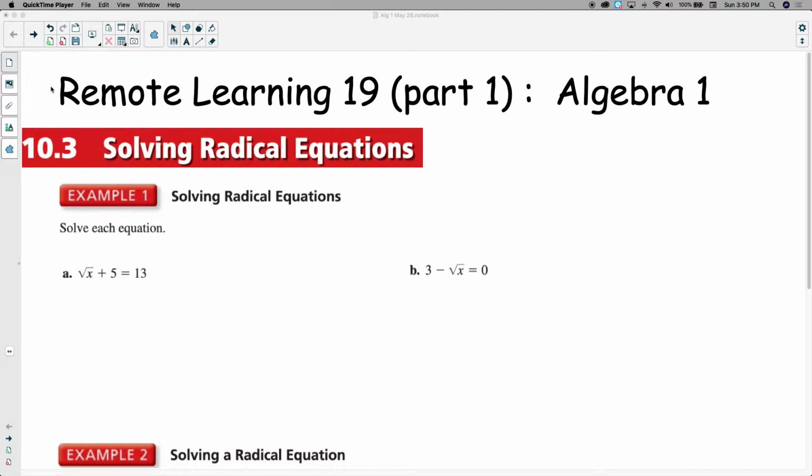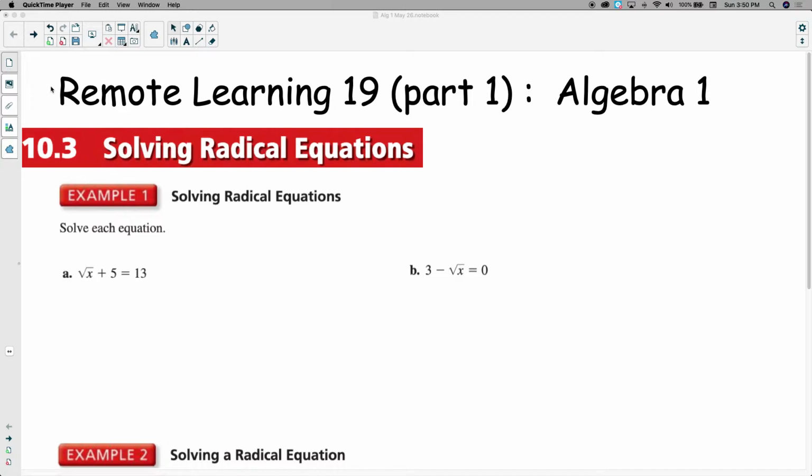And okay, let's transition. Let's go into this particular lesson, which is from a new chapter. In chapter 9, we did a whole bunch of work on solving quadratic equations, those equations that have an x squared attached to them. And there are various methods that I'm not going to rattle off right now.